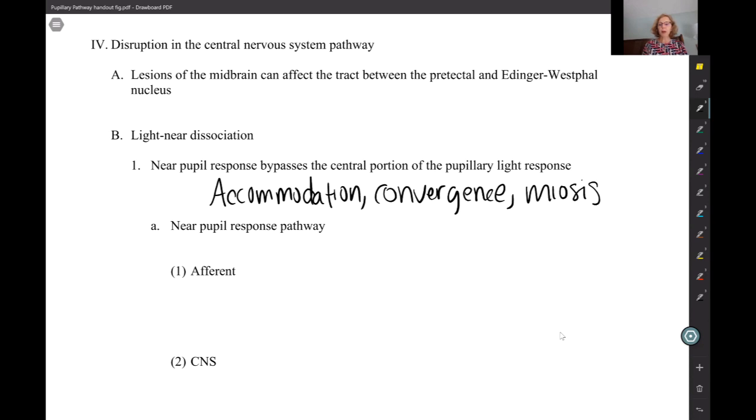Accommodation brings the object into focus. Convergence moves the eyes so that the fovea is aligned with the near target, and this helps us to avoid double vision. And then meiosis increases the depth of focus.